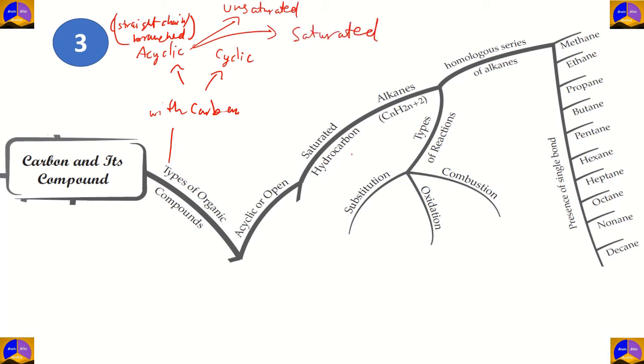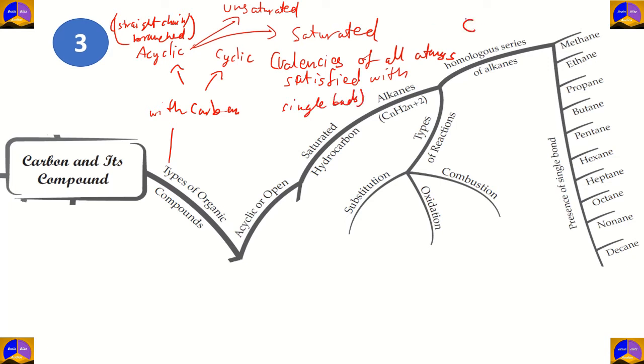Acyclic compounds are further divided into unsaturated hydrocarbons as well as saturated hydrocarbons. In this section, we're looking at saturated hydrocarbons in particular. So what exactly is a saturated hydrocarbon? A saturated hydrocarbon is a hydrocarbon in which the valencies of all atoms of carbon are satisfied with the use of single bonds. Suppose you have a carbon atom, and since it's a hydrocarbon, we will have hydrogen only.